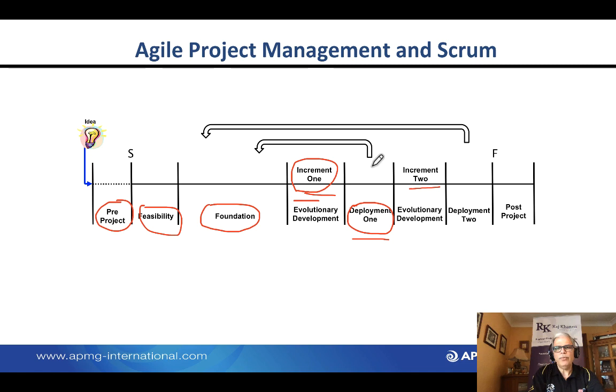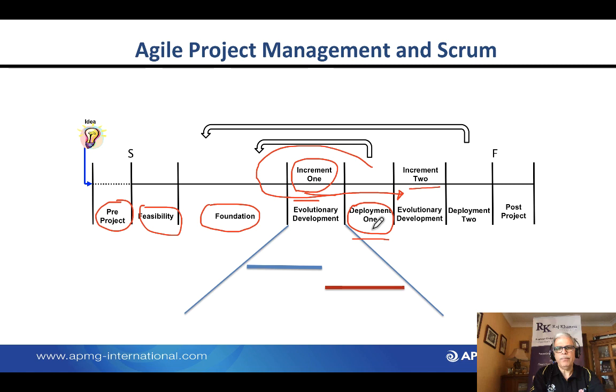And based on the feedback that we get from those users, we then go forth and deliver increment 2. So there has to be a period of actual feedback based on people using the system. So that's our incremental delivery.